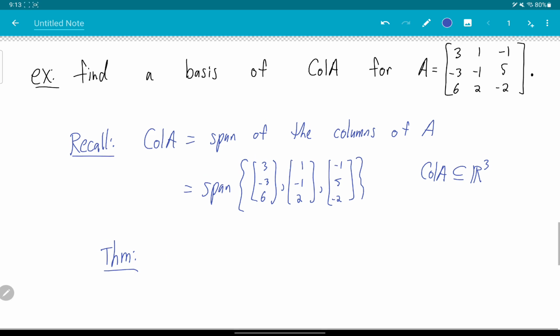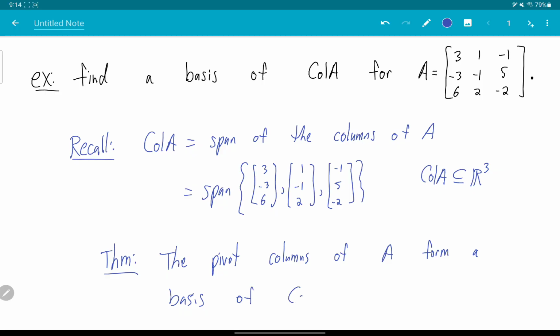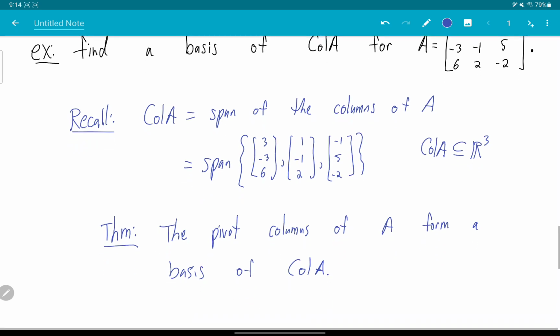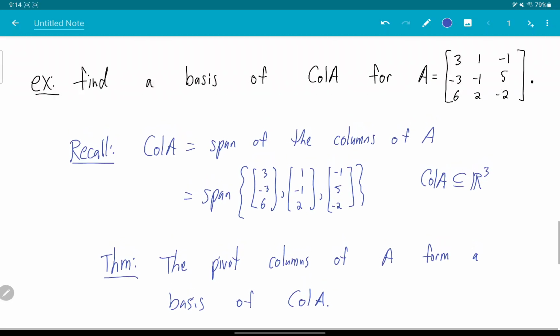I should look at just the pivot columns of A, and that'll be my basis. So formally, we say the pivot columns of A form a basis of call A. So that is a fairly simple calculation.